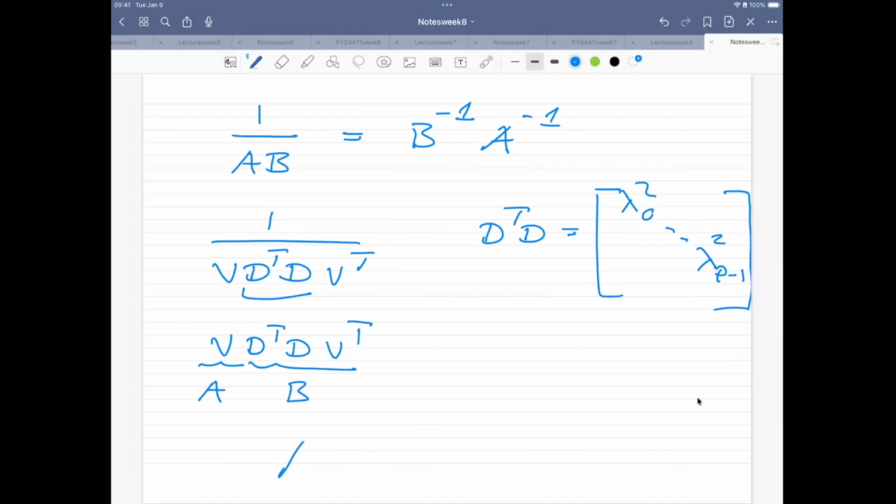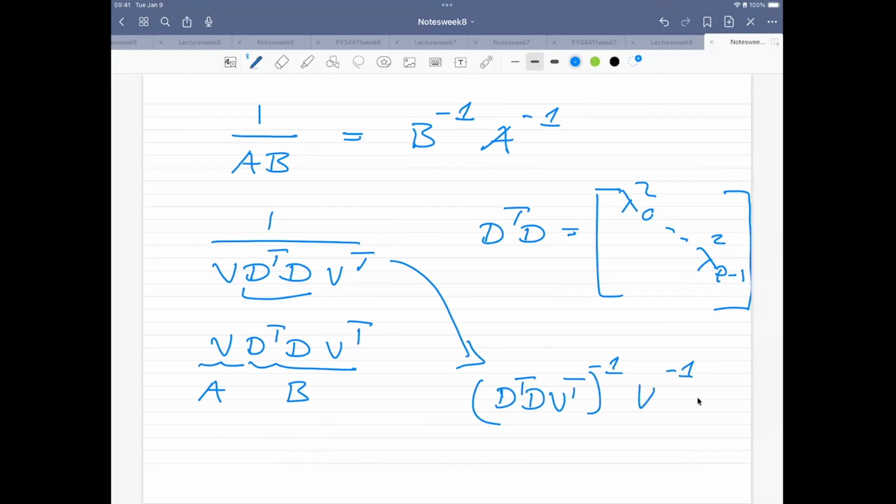So if I now use that relation, this quantity here can be rewritten as (D^T D V^T) inverse multiplied with V inverse.